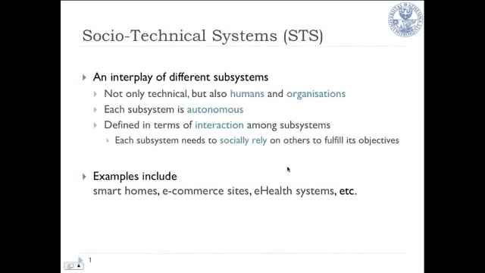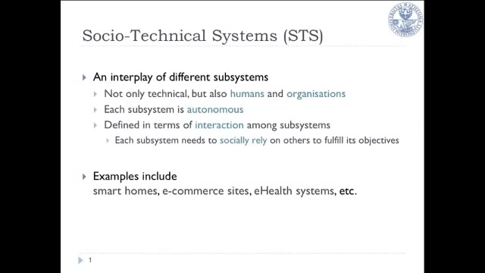To give you an example, examples of socio-technical systems include smart homes, in which, for instance, imagine you have patients or elderly who need healthcare to be given. You have healthcare givers, nurses, doctors, and you have a set of sensors in the environment that would help the healthcare givers to get input on the conditions of the patients or what is happening in the environment.